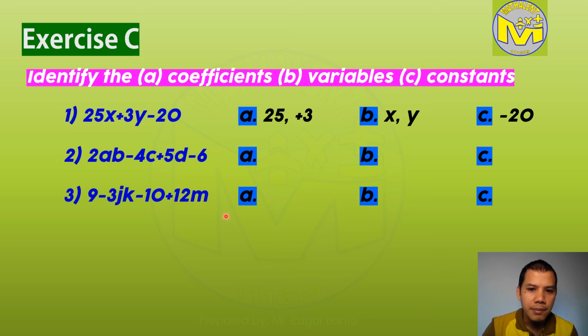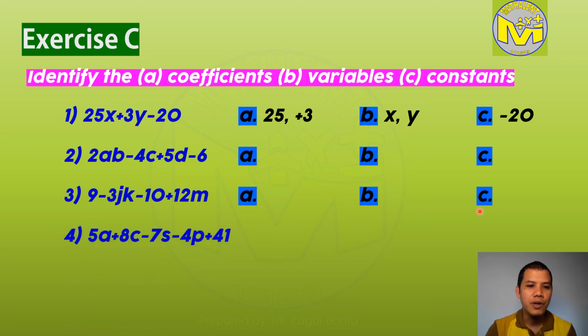And then m is in letter B. Okay, so what are the answers in letter A? Coefficients are minus 3 and plus 12. Variables are J, K, and M. What are the constants? We have 9 and minus 10. Good job.